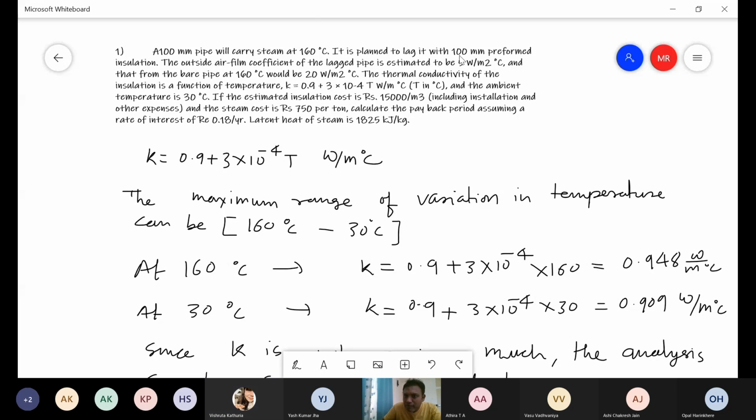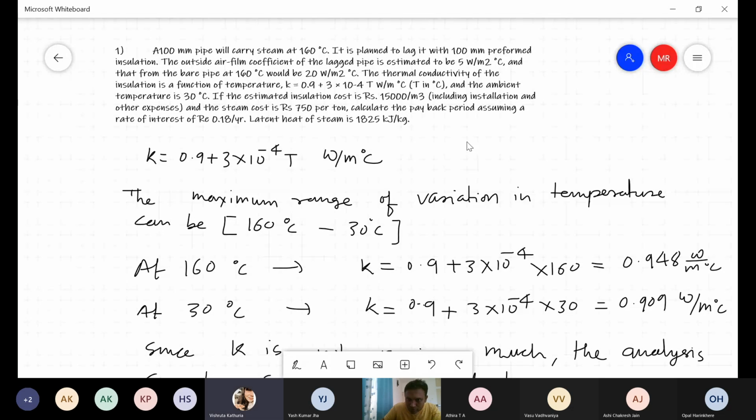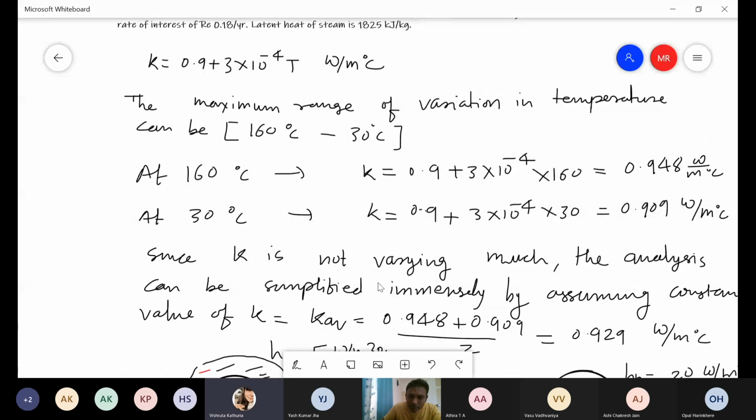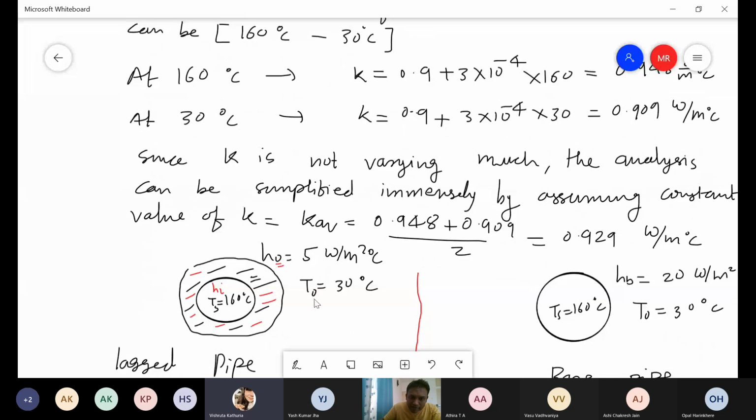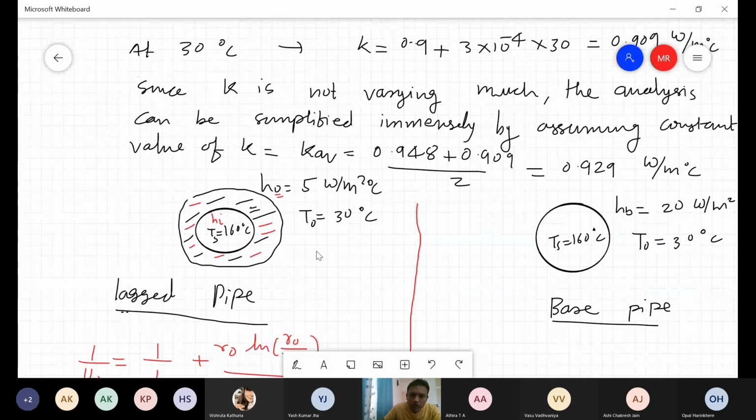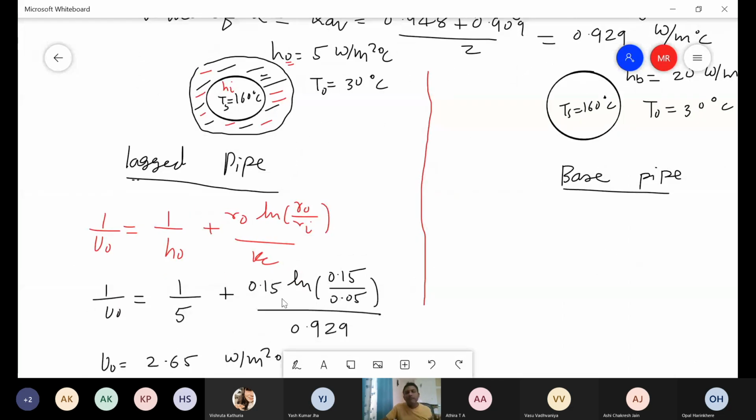And above this there will be 100 mm insulation applied. So what will be the outer radius? So it will be 0.05 plus 0.1. Correct. So that is why it is coming. So this part is 100 and this part is 100. This entire diameter is 100, so this becomes 100 plus 50, that becomes 150 mm. So that becomes 0.15 meter. Correct? All right. Yes, sir.